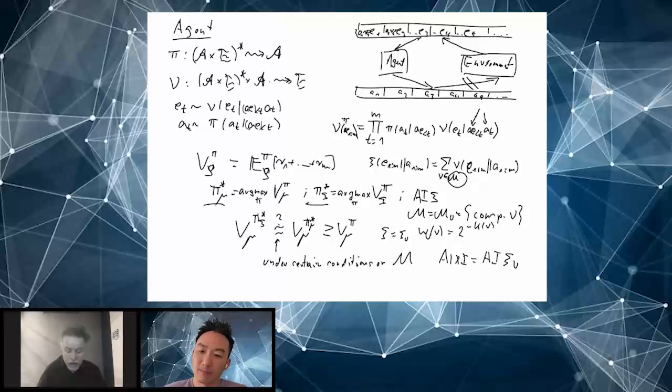So you can regard V psi pi, that is the performance of policy pi averaged over all environments in the class with a certain prior. And you can call this, for instance, the intelligence of an agent pi.